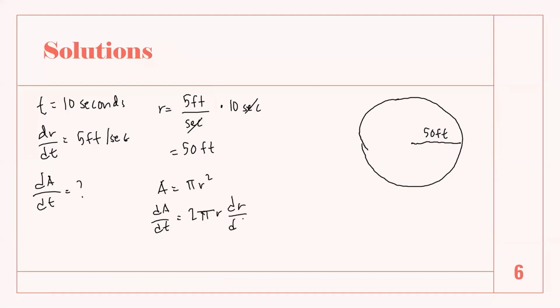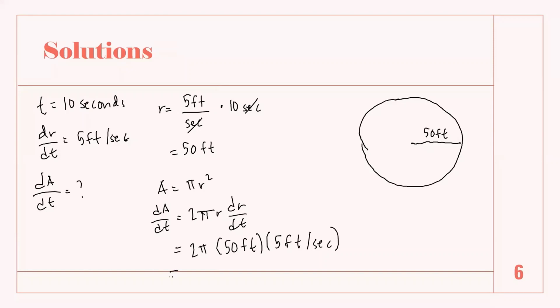Okay, so what we are going to do is, our radius is 50. So we're going to substitute the known quantities. So our dr over dt is 5 feet per second.